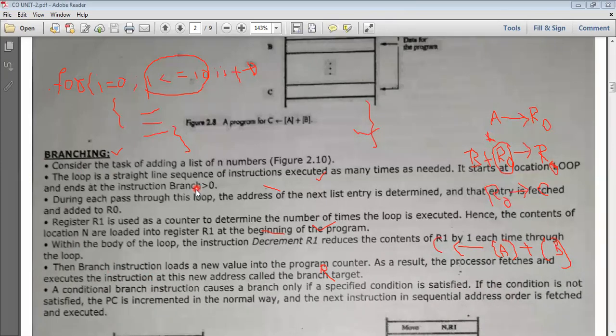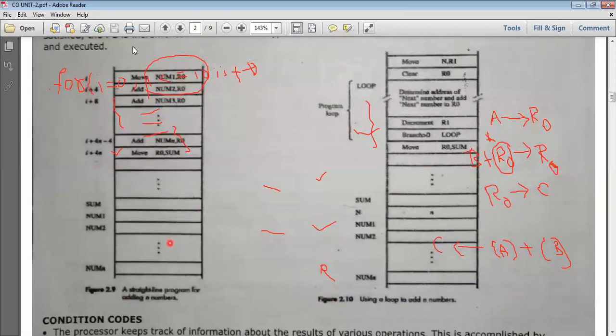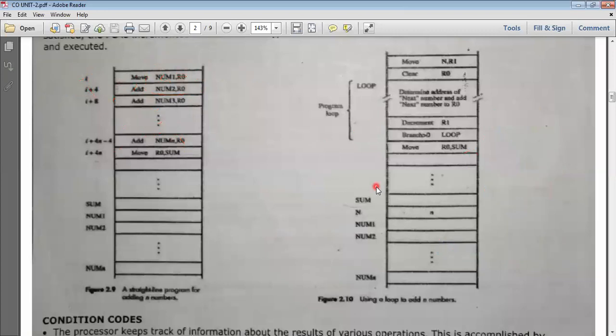See the flow here. This is the straight line program for adding n numbers. See what is the difference between these two diagrams. Everyone listen. Suppose we want the addition of 3 numbers, that is 3, 4, 2.